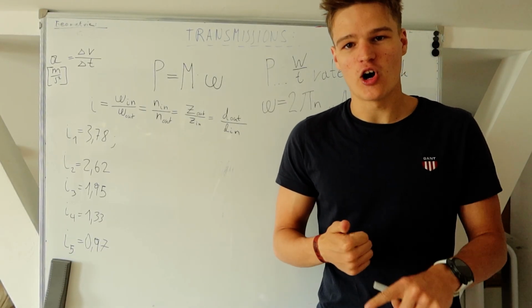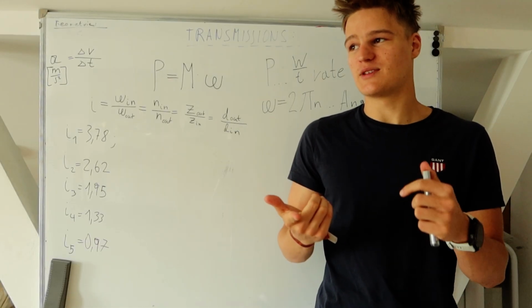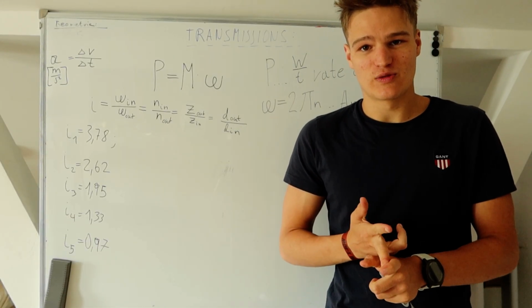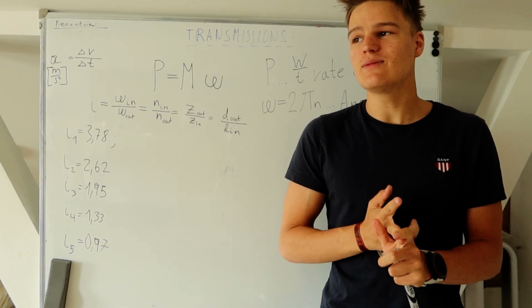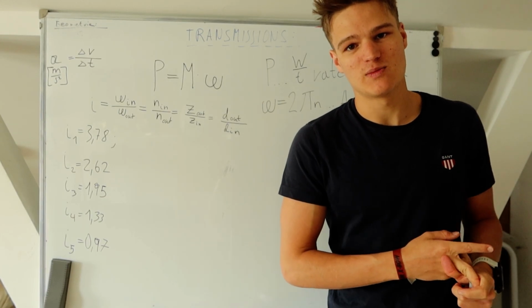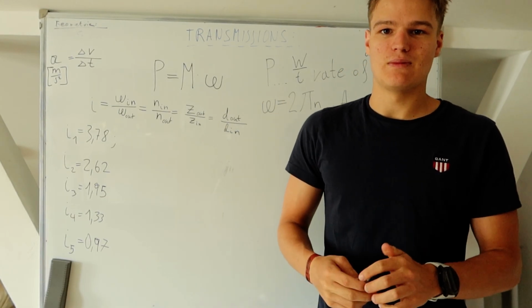Yes, you have this in cars, you have this in motorcycles, you have this in everything that you use for transportation, right? Even electric cars have transmissions for higher speeds. You guys maybe do not know that.